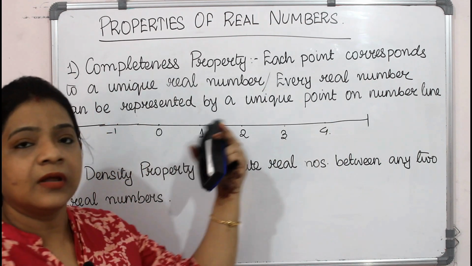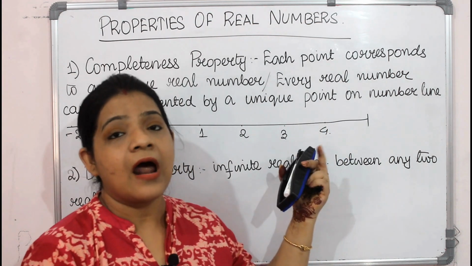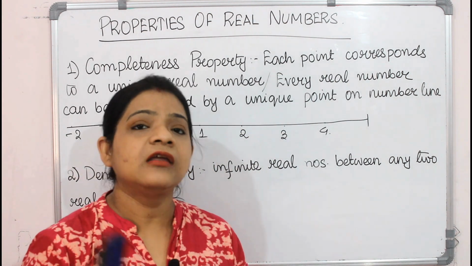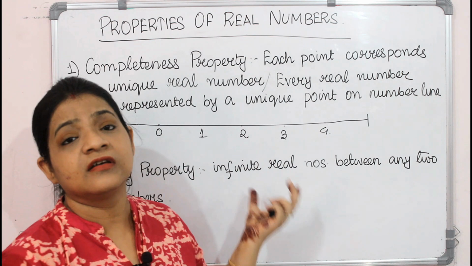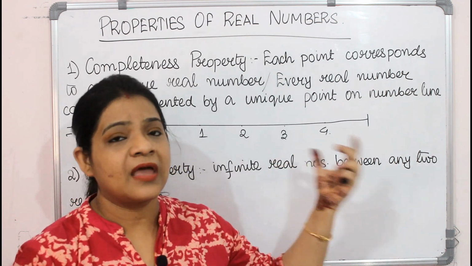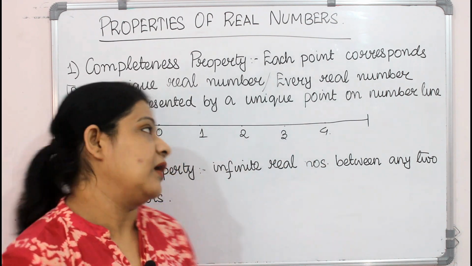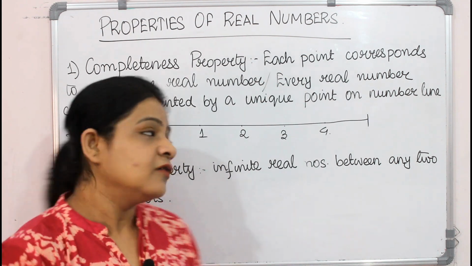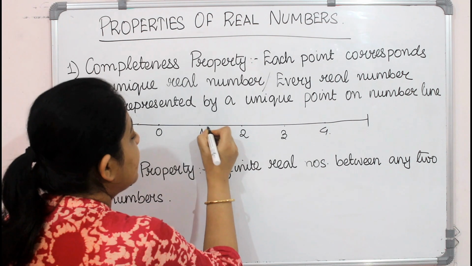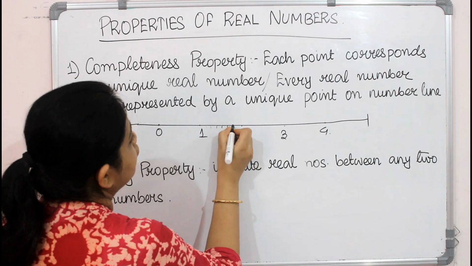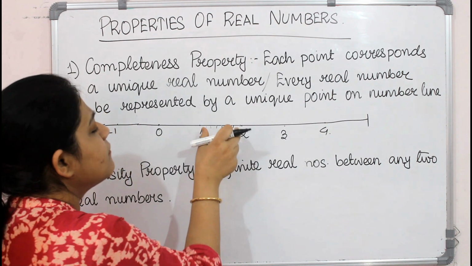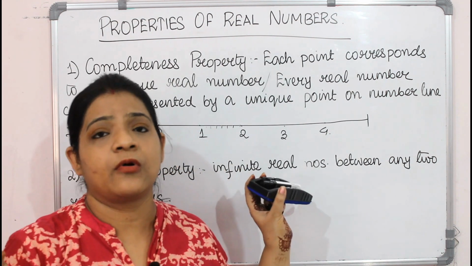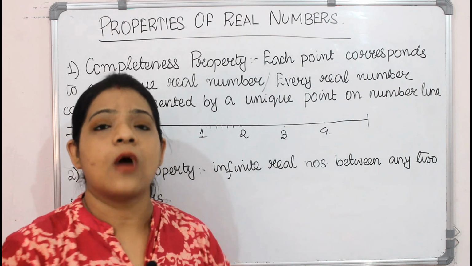Generally, for our ease, we represent the main points with the help of integers, and in between these two integers there may exist fractions and decimal numbers. So 1 and 2 are real numbers, isn't it? In between 1 and 2 there may be numerous points, an infinite number of points.